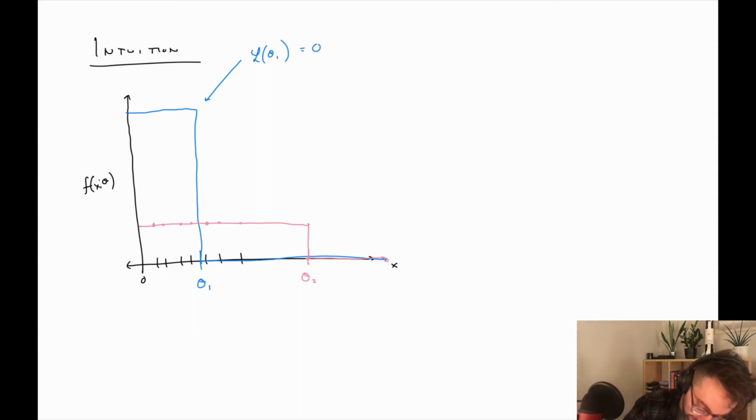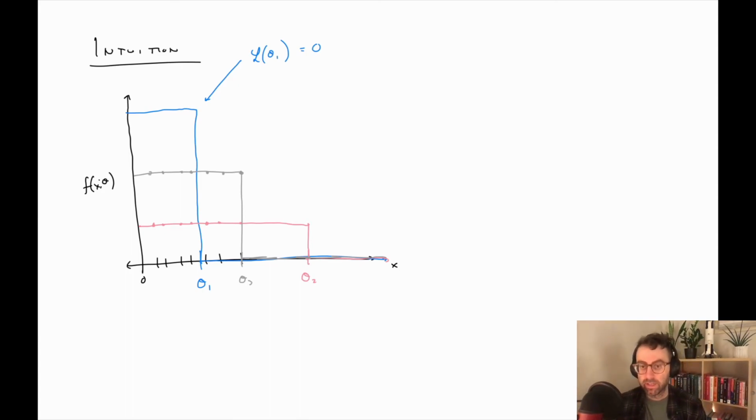Okay, great. Well, what if I make theta right here? And don't forget there's a point there. So again, this is not quite to scale, but I think the density would then look something like this. And so all of these points now have non-zero density, but they're all bigger than that other one.